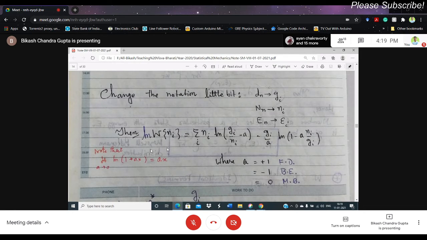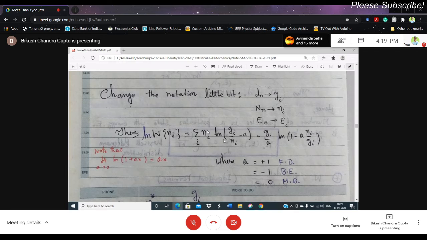So ln W of ni in general, if you write it in a compact form, including all kinds of particles, distinguishable, indistinguishable fermions, indistinguishable bosons, if you take all these into account, then you can have a single expression. You can just write it in this form.